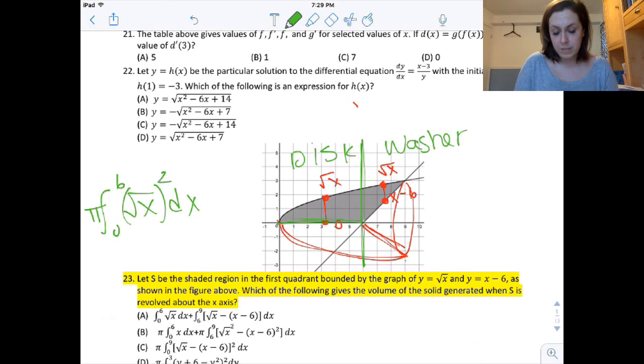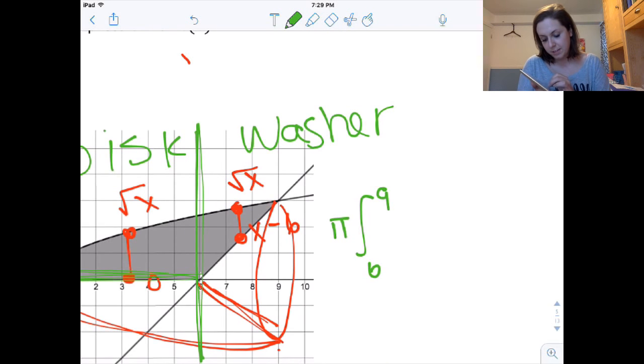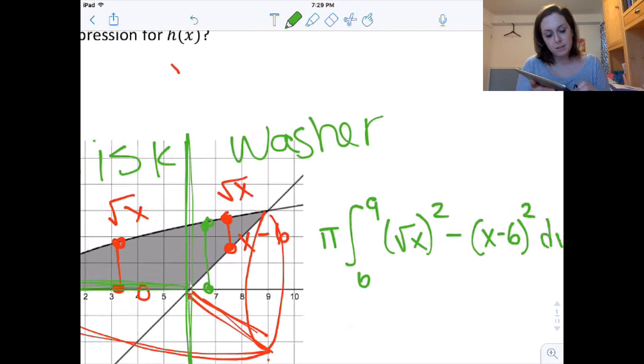For the second part, I would be doing pi times the integral from 6 to 9 of, let's take a gander at this, my outer radius squared, which is square root x squared, minus my inner radius squared, which is x minus 6 squared. That would be your second part. So you need to put those together.